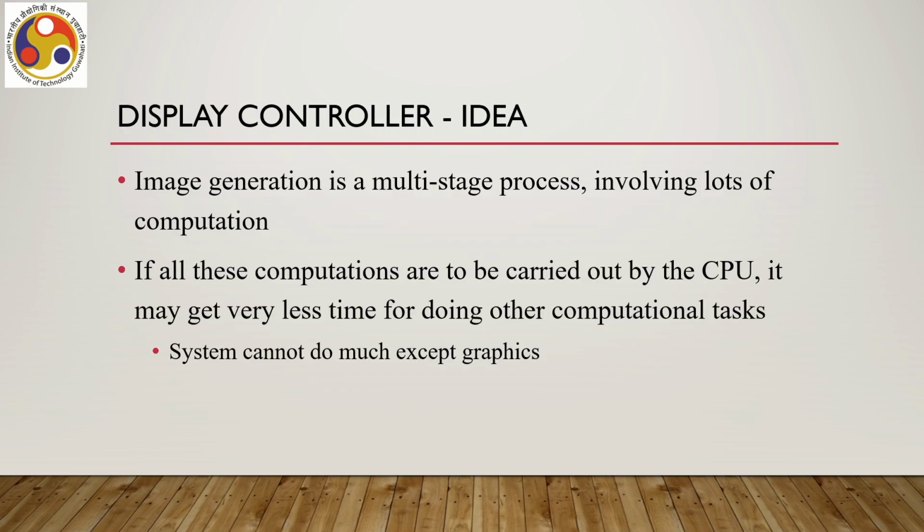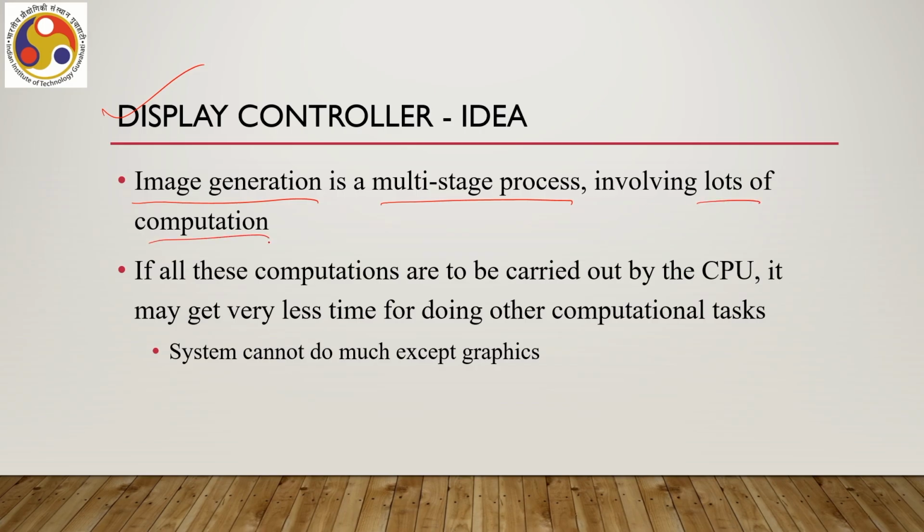Now, let us try to understand these three components: display controller, video memory and video controller. Let us start with the display controller. What is the idea? Image generation. When I say that I am rendering a scene on the screen, that is nothing but a 2D image displayed on a 2D screen. Now, this image generation is a multi-stage process involving lots of computations.